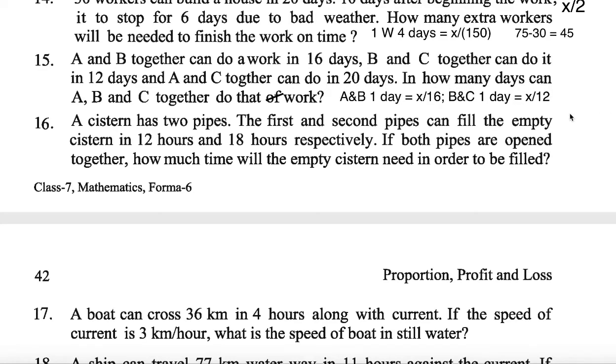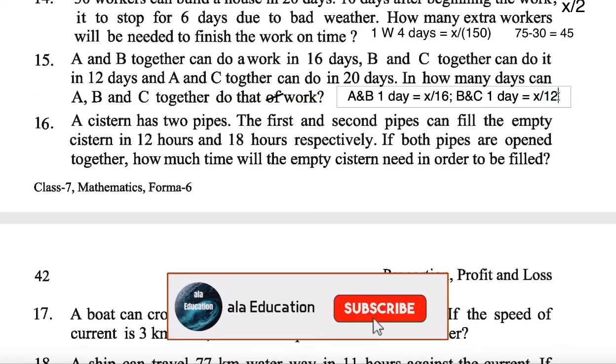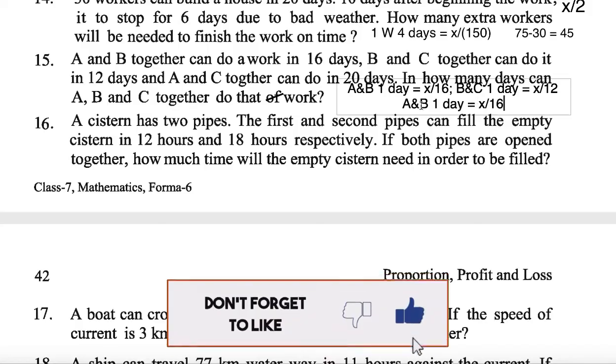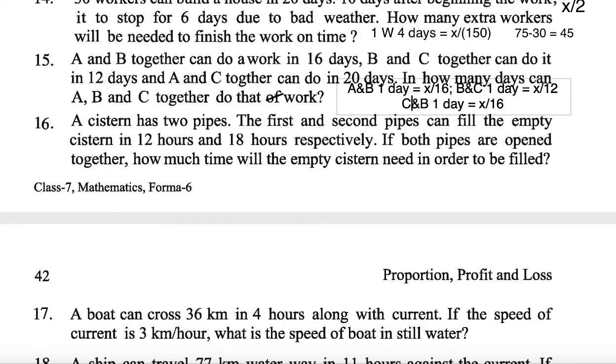Okay. What about C and A? C and A can do that work in 20 days. So this is x by 20. They can complete x by 20 portion.